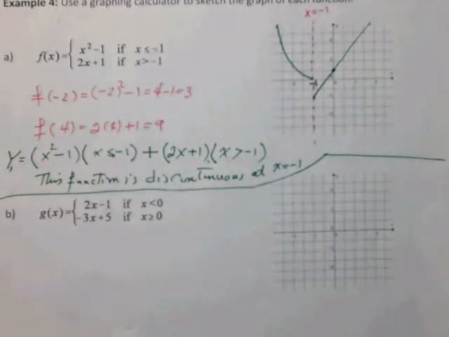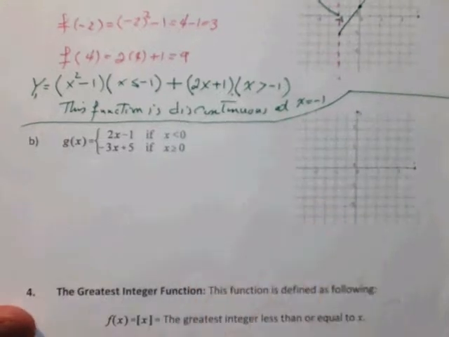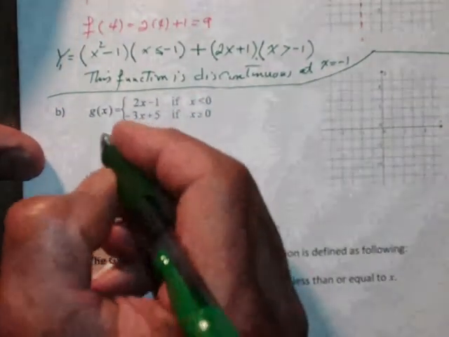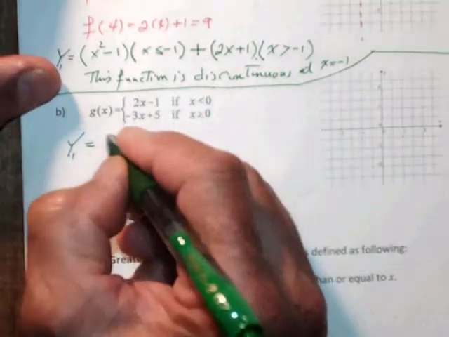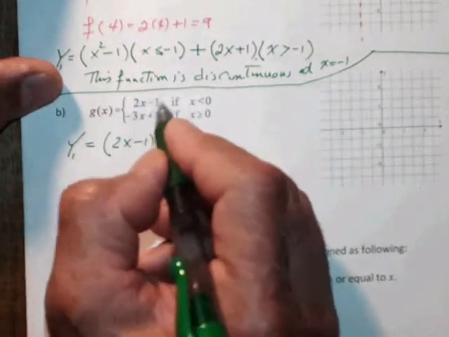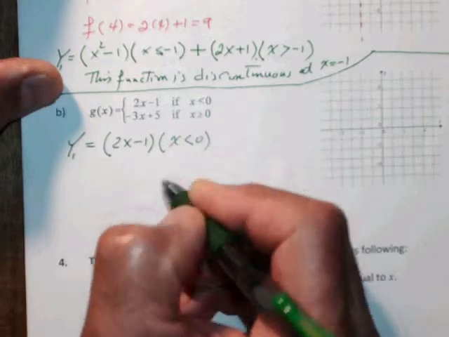So let's try this again for the next one. See how this one looks. So what I have to do is type it. I say y1 equal to, again, parentheses 2x minus 1 for the first one, then parentheses x less than 0.